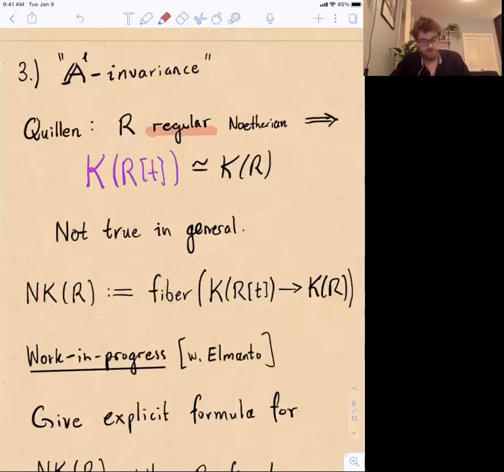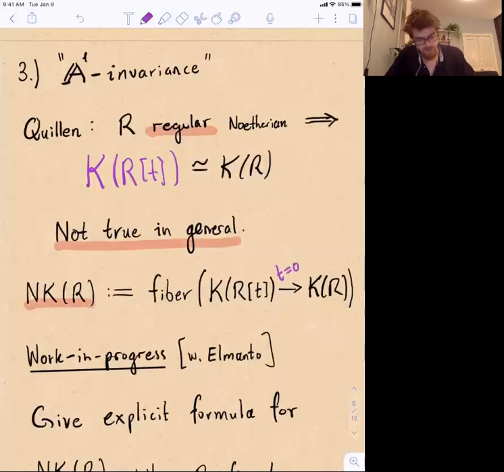But this is not true in general. And to study it, we define the NK spectrum. This is a classical construction going back to work of Bass. It's just the fiber of the map that sends T to 0.